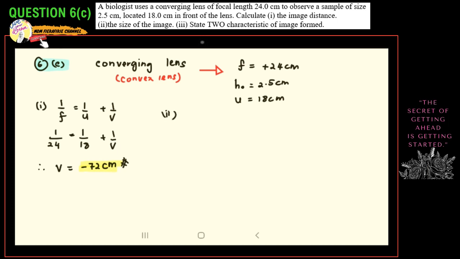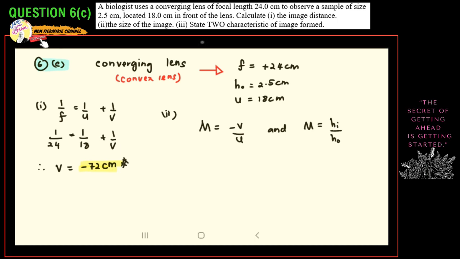Okay, number 2, calculate the size of the image. So we want to calculate the size of the image. So we can use the equation of magnification M, where it's equal to negative V over U, and M is also equal to height of the image over height of the object.